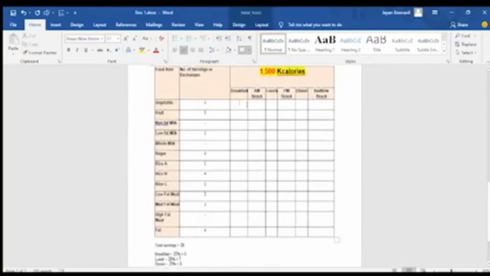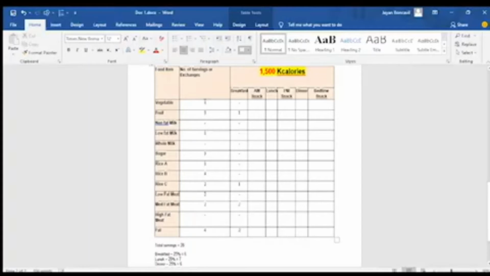For breakfast, no vegetable, 1 fruit exchange, non-fat milk 0, low-fat milk 0, whole milk 0, sugar 0, rice A 0, rice B 0, rice C 1 exchange, low-fat meat 0, med-fat meat 2 exchanges, then 0 for high-fat meat, and 2 for fat.